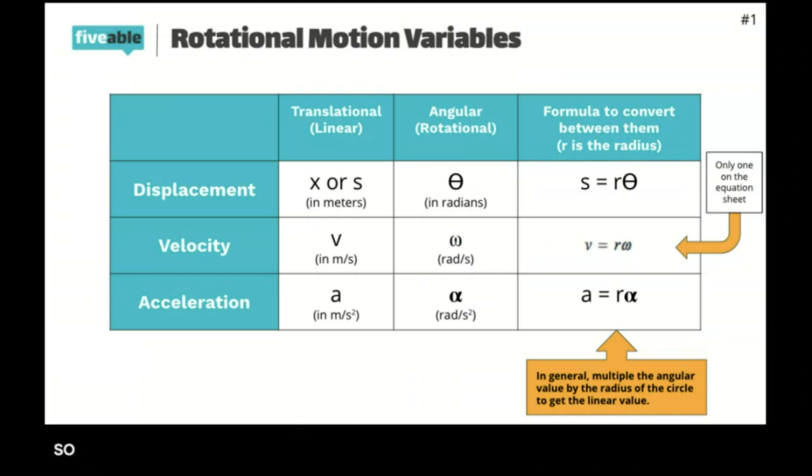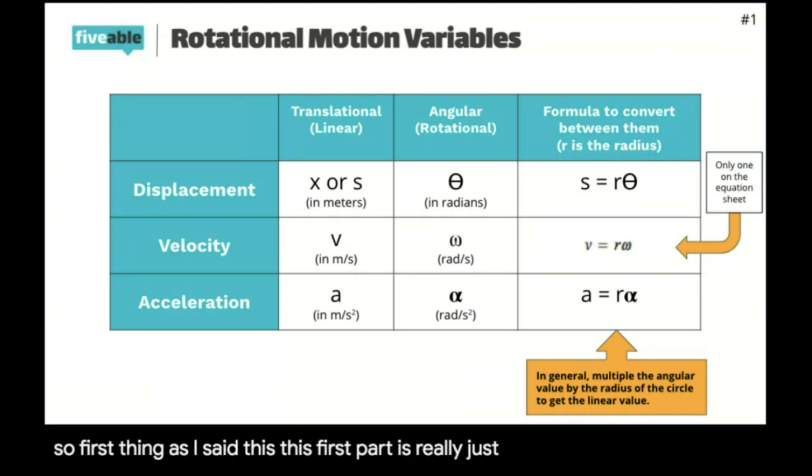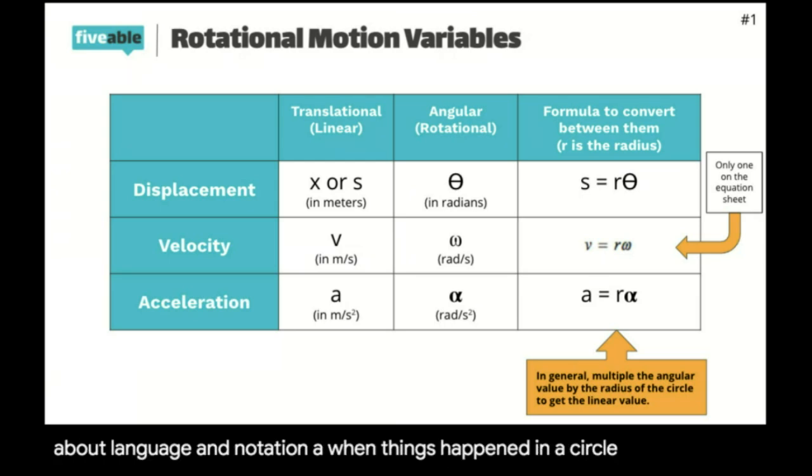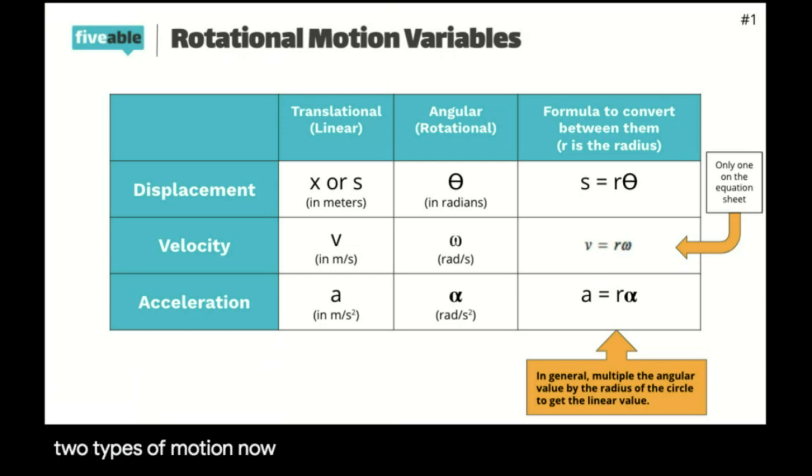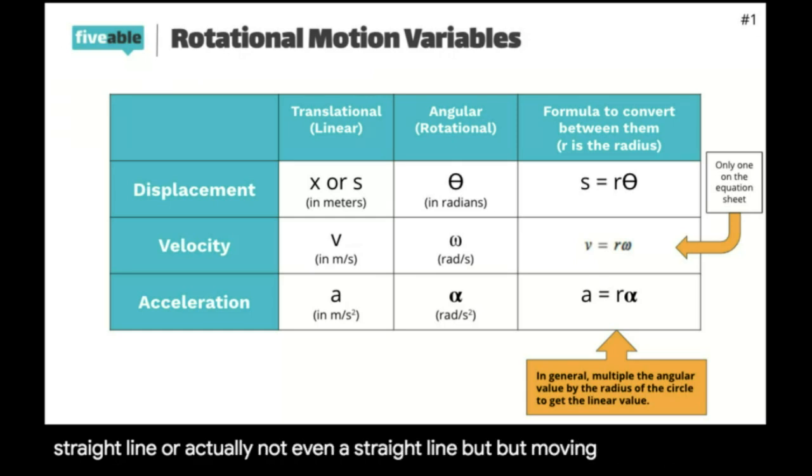This first part is really talking a little bit about language and notation when things happen in a circle. We've got 2 types of motion now. We've got translational motion, which is things traveling linearly, whether in 1 dimension or 2 dimensions, moving linearly or translationally.